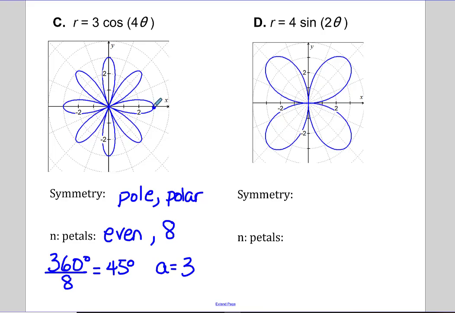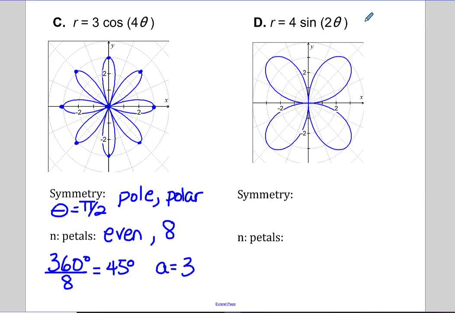So every 45 degrees, there, here, here, here, here. So it's symmetric about the pole, and it's symmetric about theta. It's also symmetric about the y-axis. So this has symmetry on all 3 points: the pole, the polar axis, and the line theta equals pi over 2.